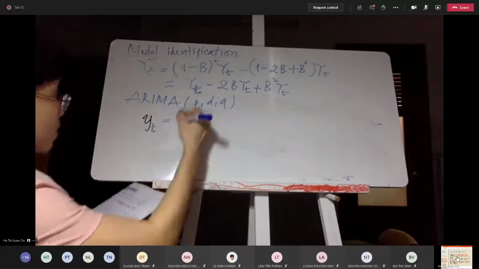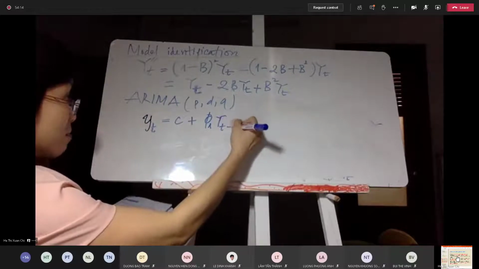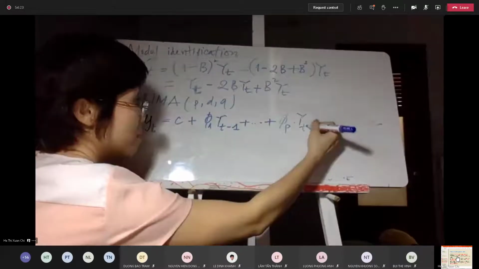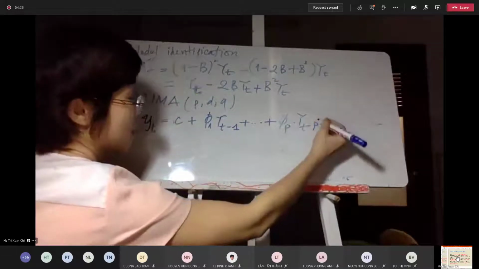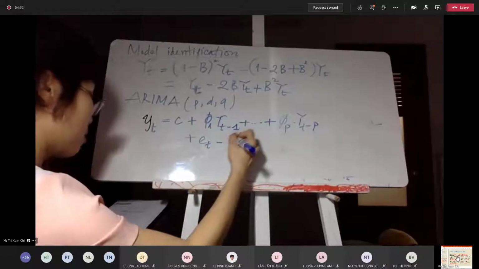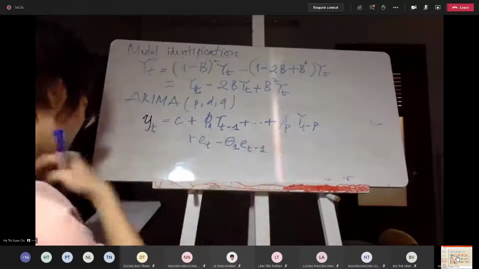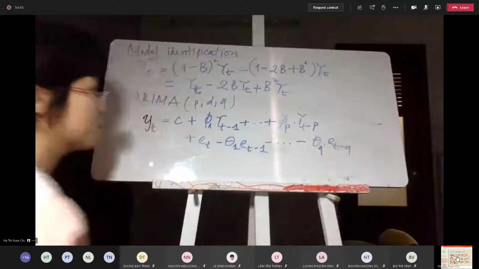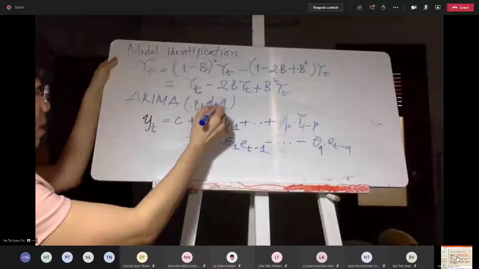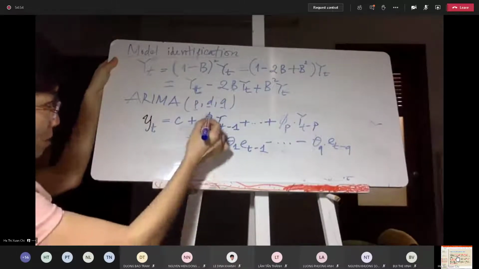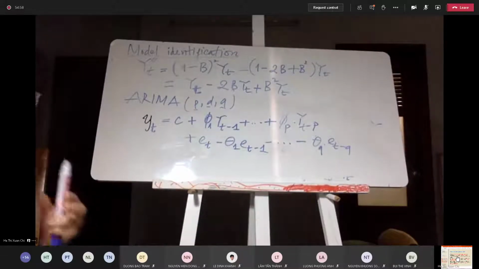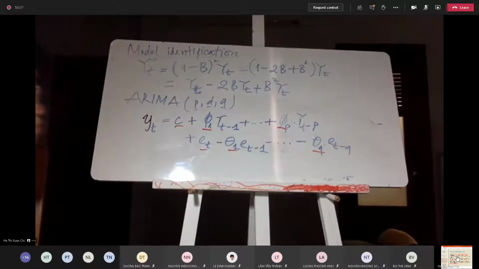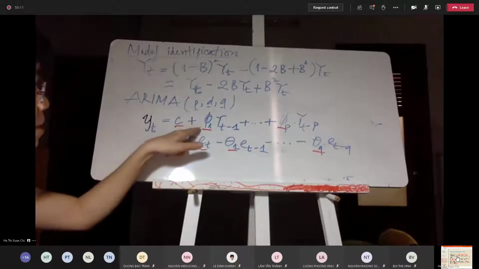The regression should be like that: C plus phi 1 YT minus 1 plus up to phi P YT minus P, plus epsilon T, plus theta 1 epsilon T minus 1 up to theta Q epsilon T minus Q. So after we finish defining P, D, Q, the next step we must estimate the parameters. What are the coefficients of the regression? We must estimate them.